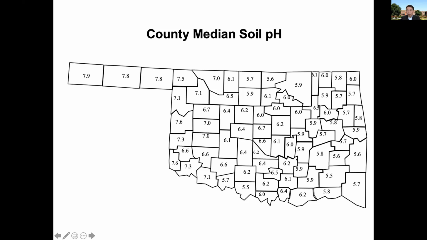Most of our production-induced low acidity soils are in the north central region, like Kay County, Grant County, even Garfield, those areas. In East Oklahoma, they're naturally low in pH because of the intensive weathering and higher rainfall. So we need to pay more attention to this intensively managed wheat region.